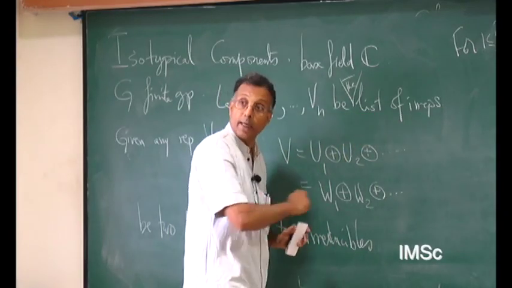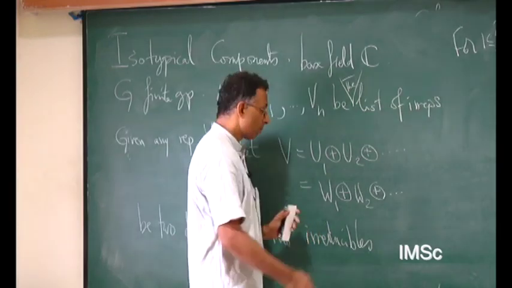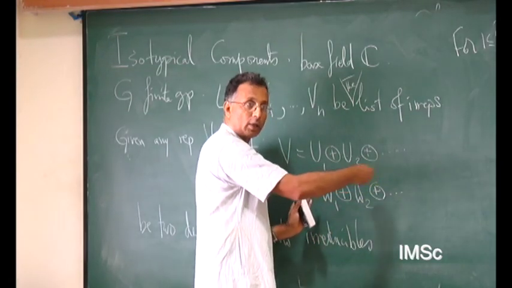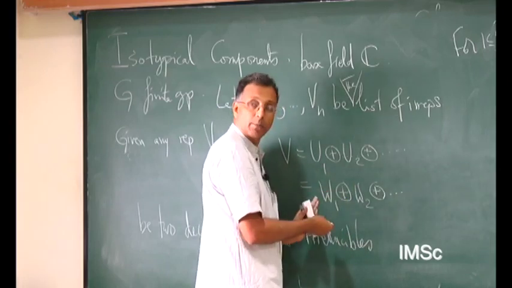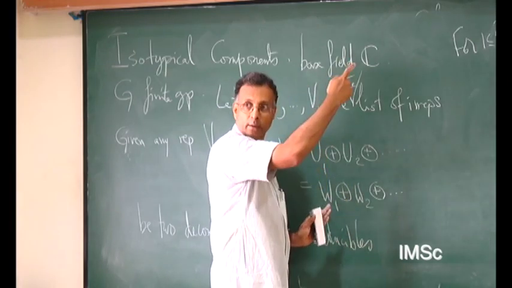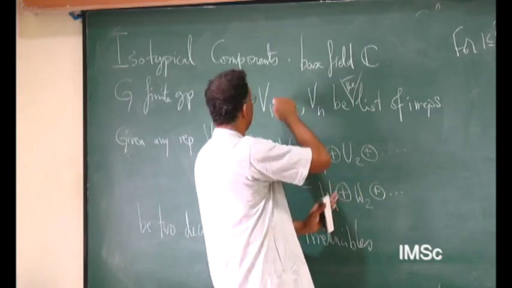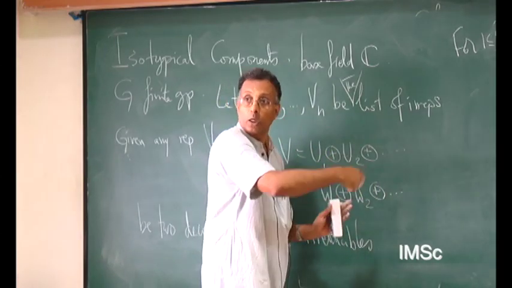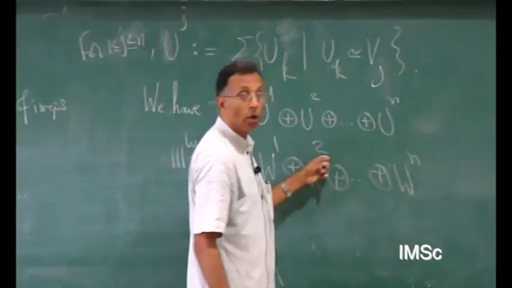Now I took my decomposition, which could be a priori very different from yours, but I also took all those that are isomorphic to V1, called their direct sum W upper 1, took all these which are isomorphic to V2, called their sum W upper 2. Is this clear?